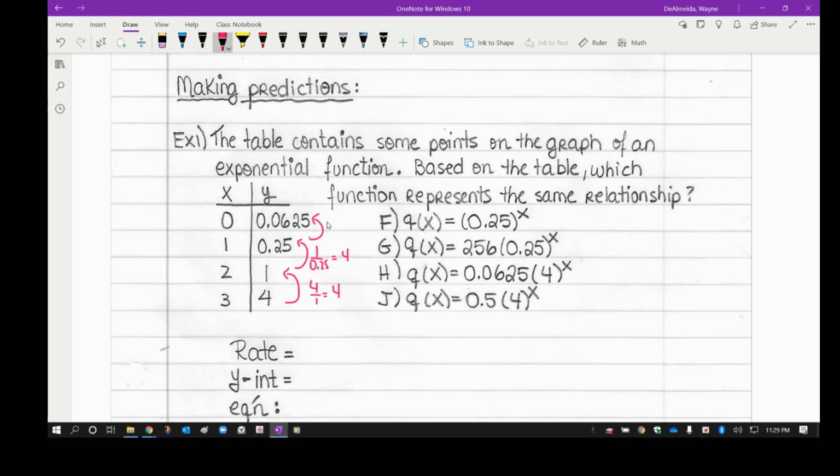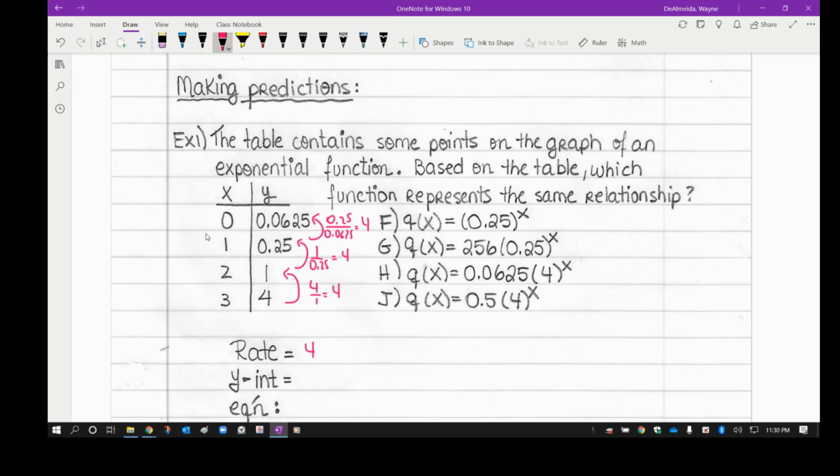And if you divide 0.25 by 0.0625, we get 4. Okay, so we know definitely that the rate is 4.